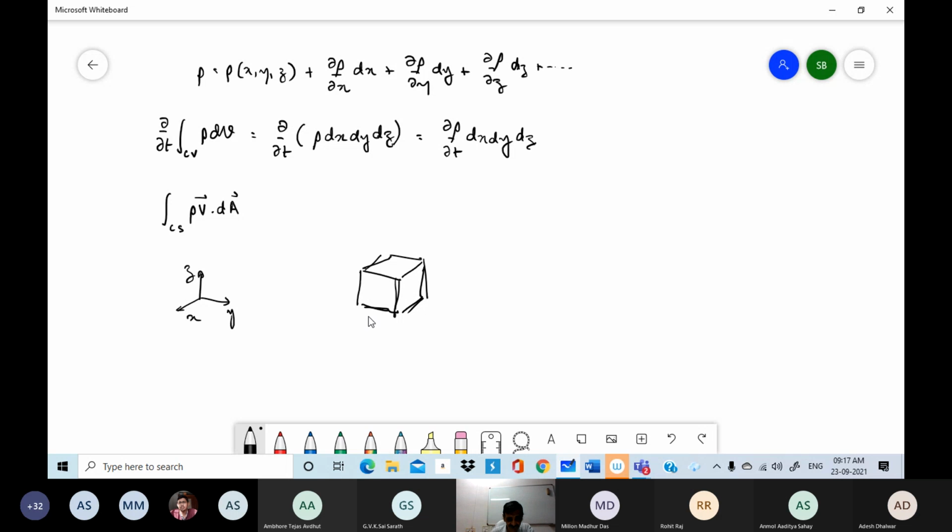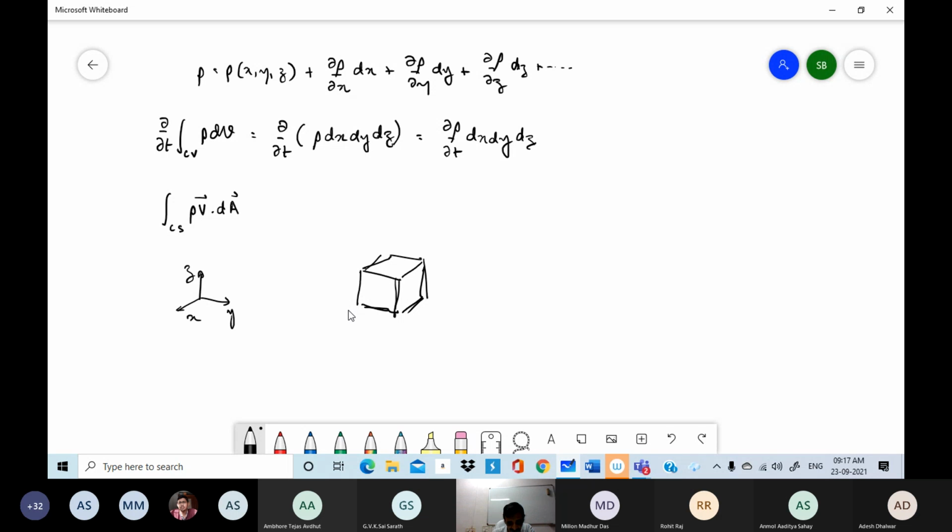So let me consider the 6 faces of this rectangular parallelepiped in sets of 2, the 2 which are parallel to each other. So areas are normally specified as a vector, the direction of that vector is in the direction of the normal.